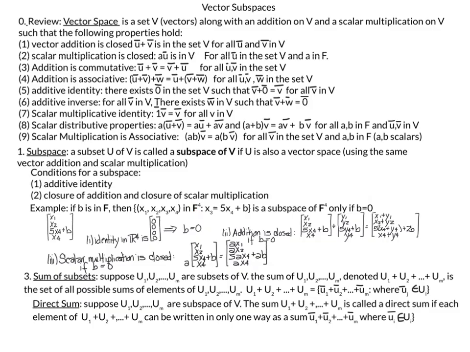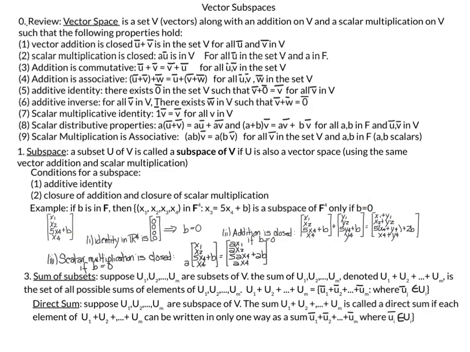In F^4, we have this 4-tuple, the (x1, x2, x3, x4) vector, where x3, the third coordinate, is equal to 5 times x4 plus a constant b.